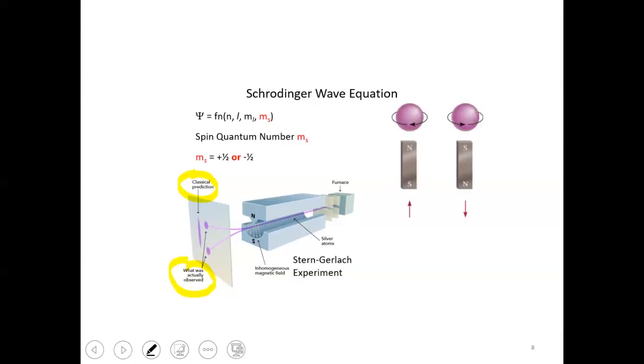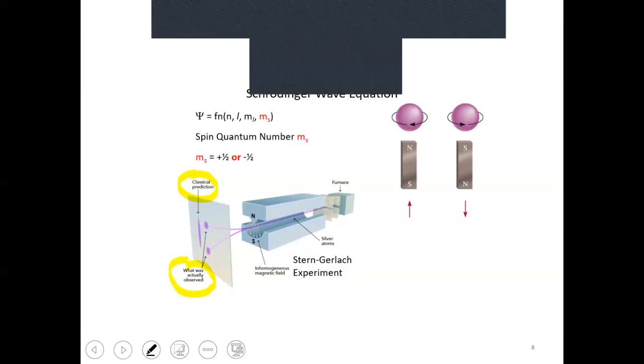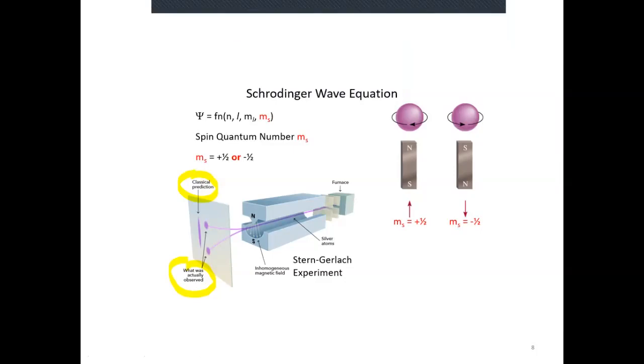So if the electron is a sphere, it can spin either clockwise or counterclockwise, and depending on which way it spins, it can generate one or the other magnetic field. So we can speak of spin up as +1/2 and spin down as -1/2. For example, we can say that.